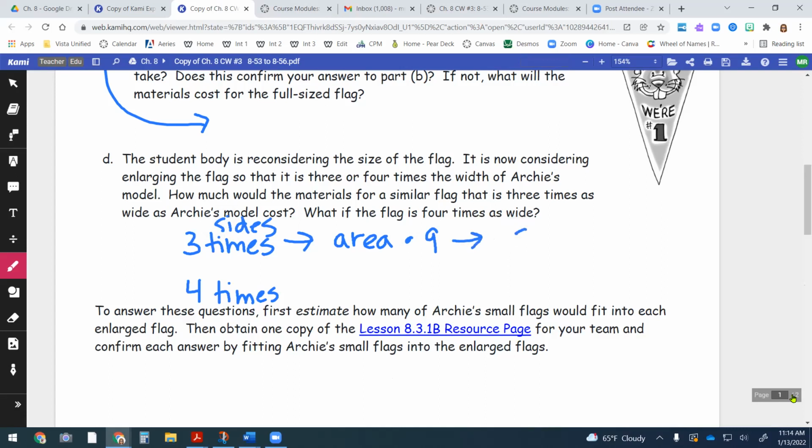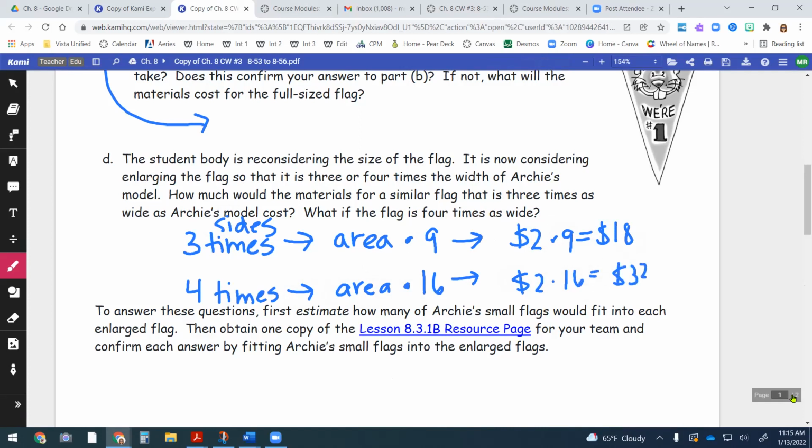Now, in this case, that meant it was $2 for the material times 9, which is $18. Again, if my sides were all 4 times bigger, my area is not 4 times bigger, it is 16 times bigger. So it would have been $2 times 16 or $32.